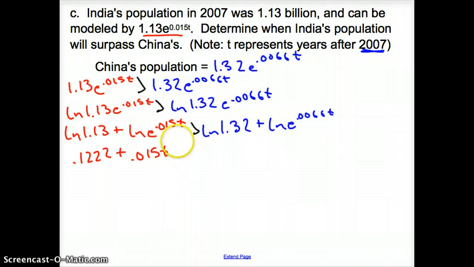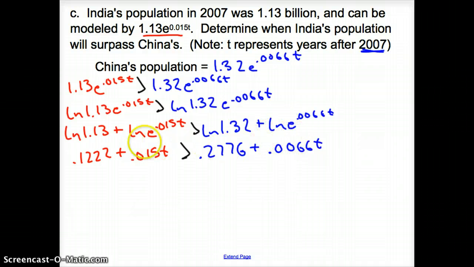The natural log of e just turns into 1, so I'm not even going to put that down, is going to be greater than. The natural log of 1.32 turns into 0.2776 plus 0.0066t, because the natural log of e turns into 1.